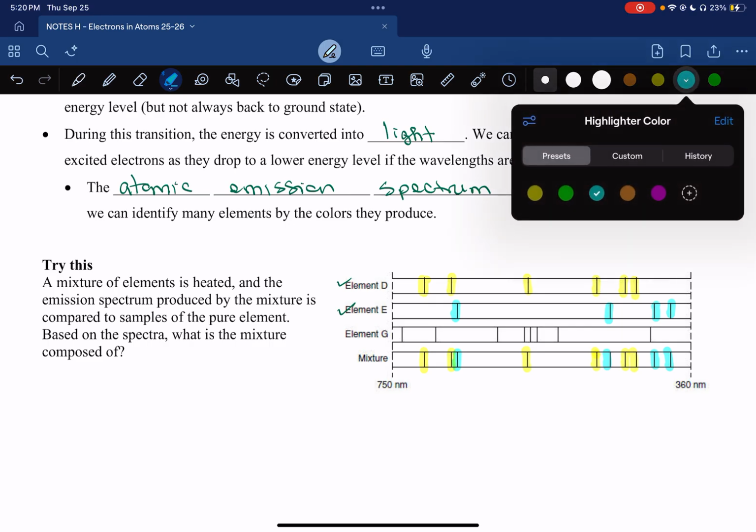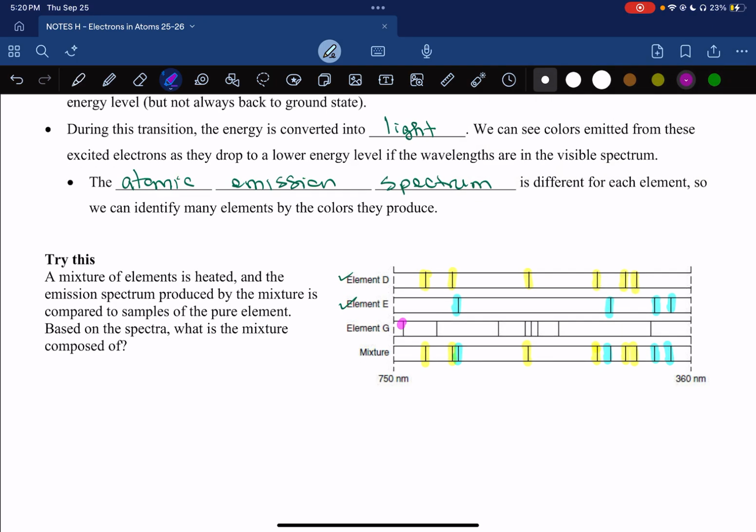Element G, could that even be an option? Well, is that one there? Nope. Is that one there? Nope. Is that one there? Nope. It would not even matter if all of them were in the same exact place as our mixture except for one. If all of them matched up, but there was another one that element G had that the mixture didn't have, it couldn't be there.